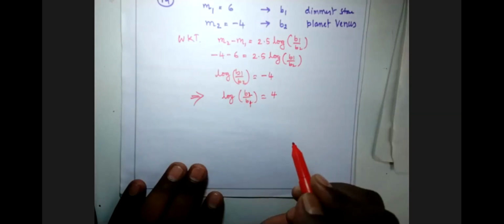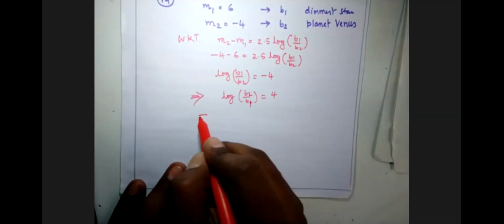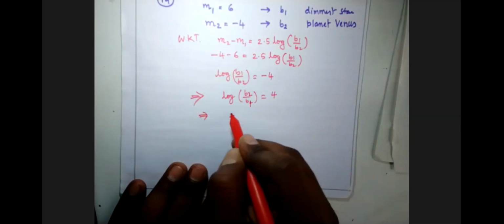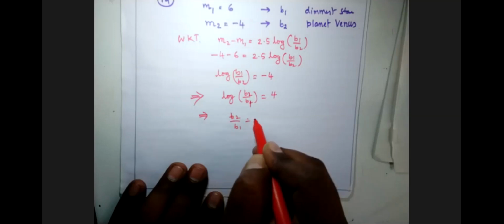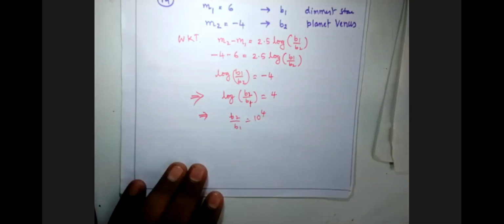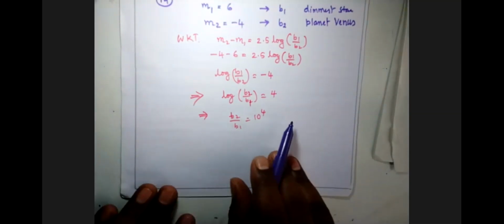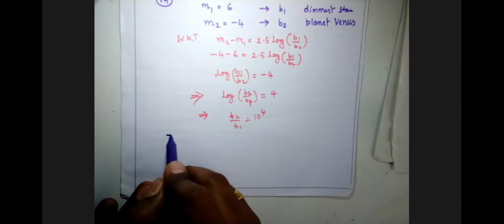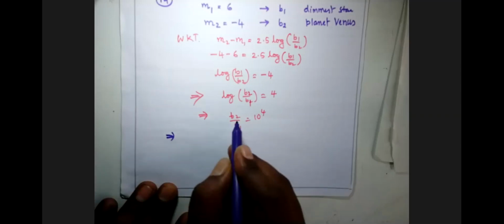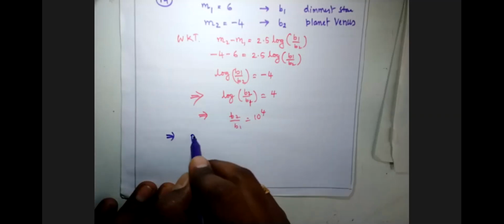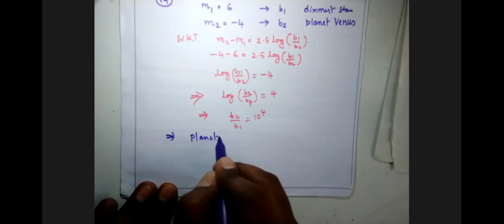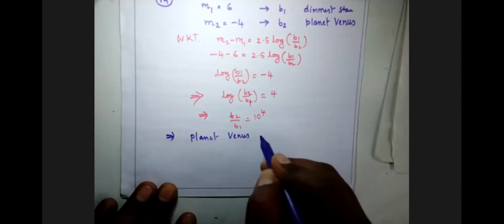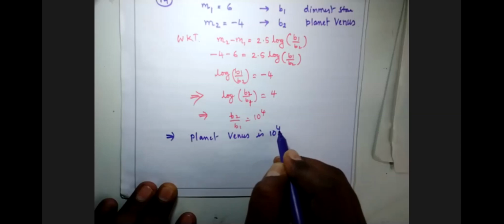So taking the anti-log of this, we get B2 by B1 is equal to 10 to the power of 4. The second one is the planet Venus.